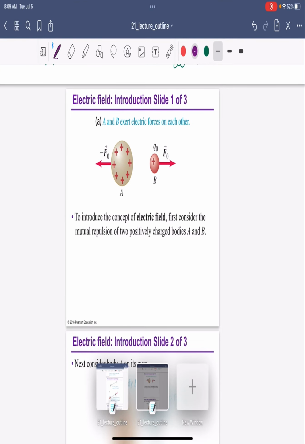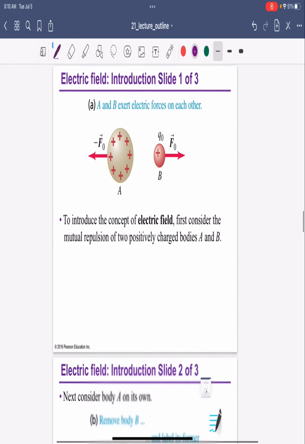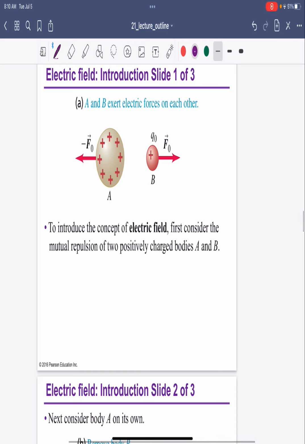Start with the third section of this chapter, and we are going to introduce the concept of electric fields. If we have two charges next to each other, or within range, A and B exert electric forces on each other.